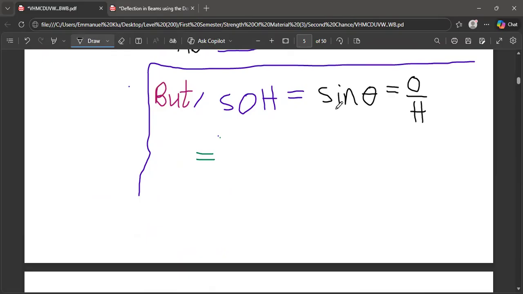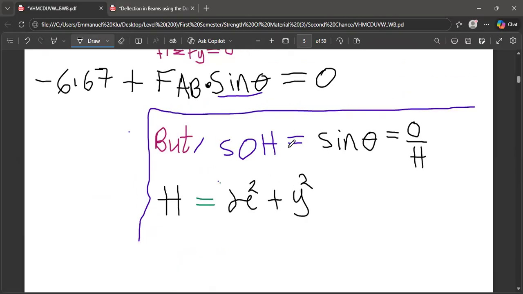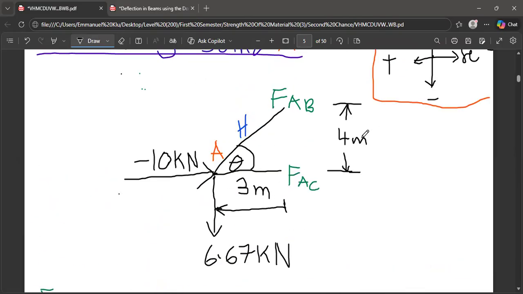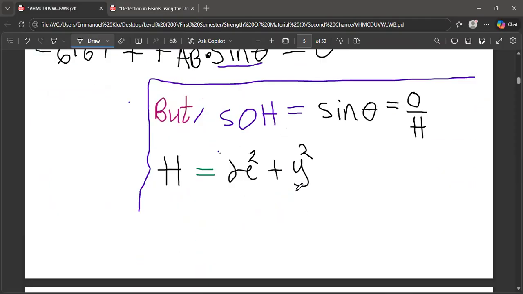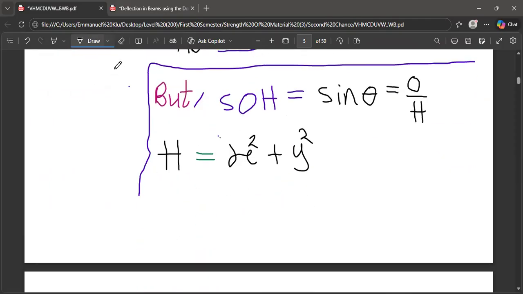So in this case, this is our h we are talking about. H is equal to x squared plus y squared in this case. Who is our x? Who is our y? Our x is 3 meters and our y is 4 meters. So it's as simple as that.